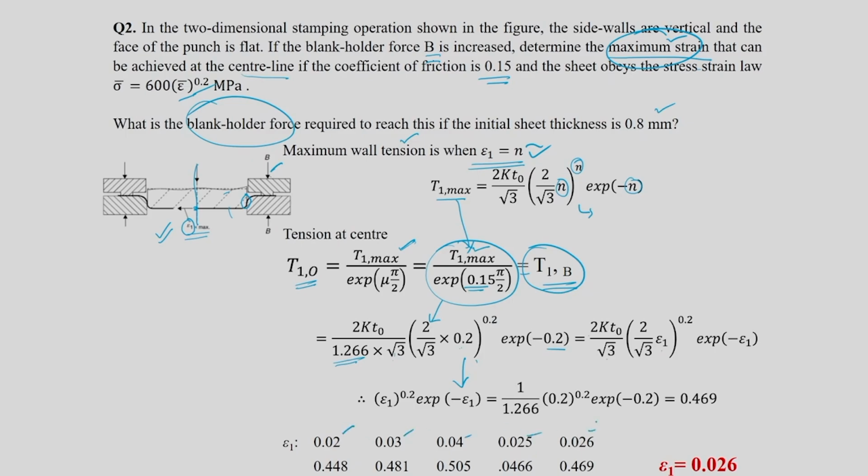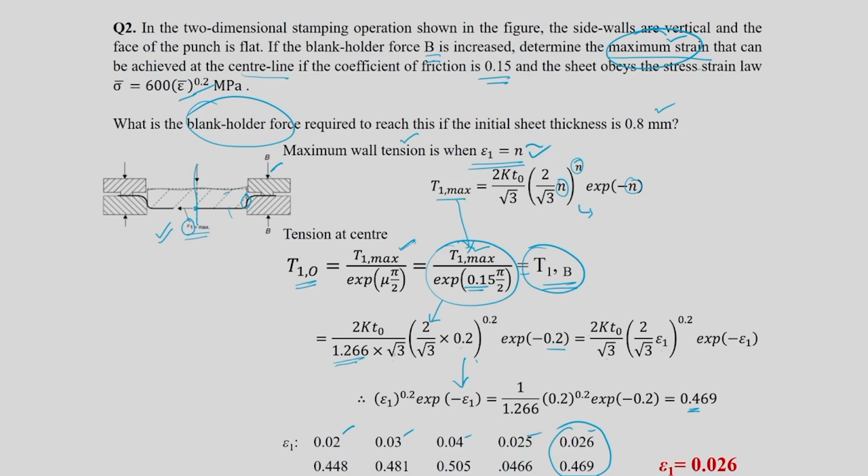Finally you will see that for this particular case, if you keep epsilon 1 as 0.002, your right hand side value is going to be the same as 0.469. So epsilon 1 will be equal to 0.026 to get this particular situation.